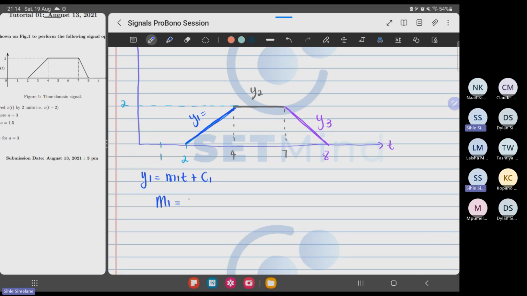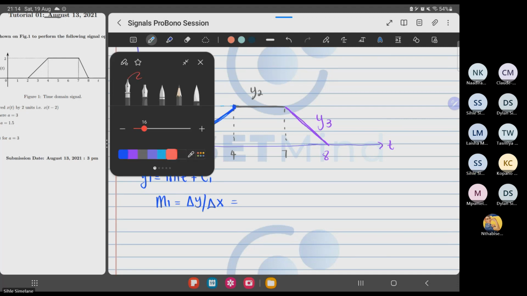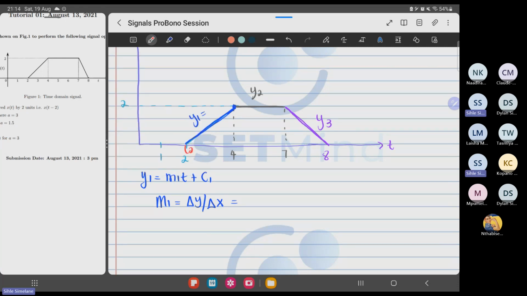And as you remember, gradient is change in y over change in x. So if you look at these 2 points here, this point here is at 2 and 0. That point there is at 2 and 4.